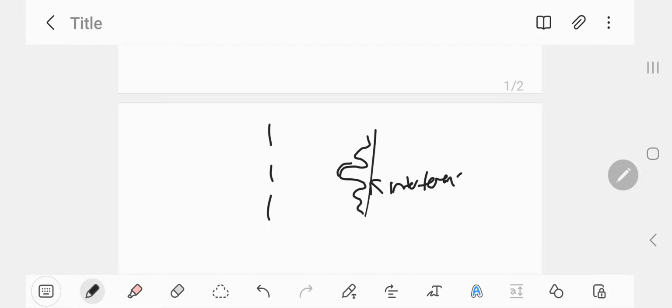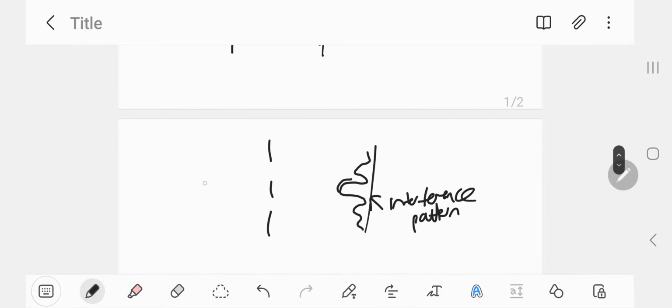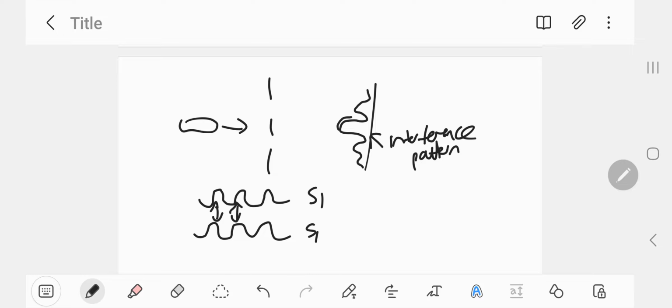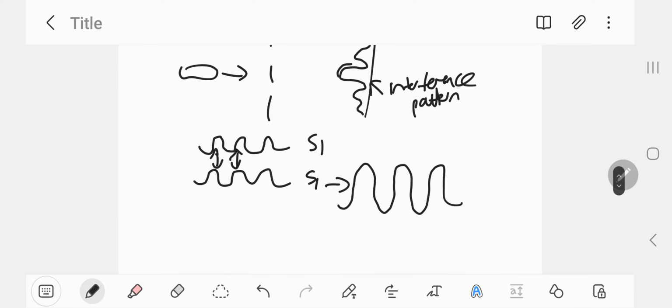This is what you observe with light waves. If you shoot light waves through two slits, you'll see an interference pattern. Suppose you've got a wave like this from slit 1 and a wave like this from slit 2. If their peaks and troughs match up, if the waves are in sync, the peaks add up and you get constructive interference, a build-up of peaks.